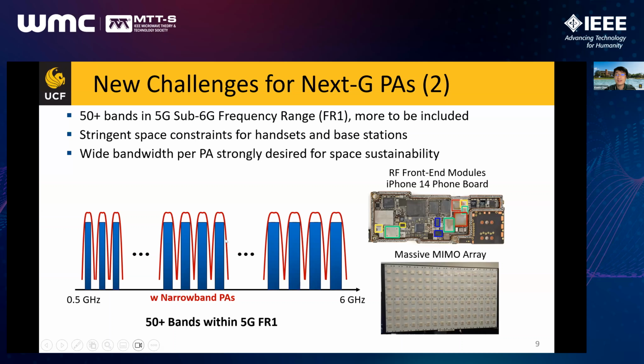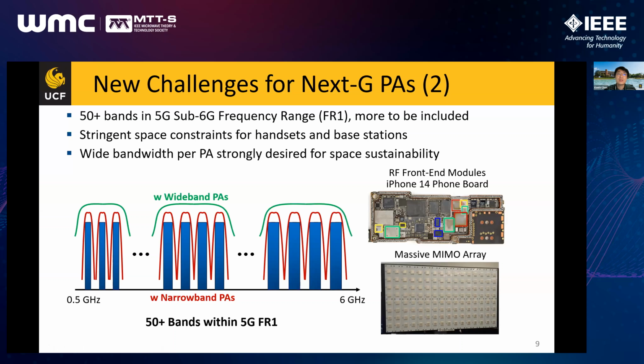This is not sustainable in space due to the limited area in the phone board. The space is also limited in the base station, because we are currently evolving from the single antenna to the large antenna array, known as massive MIMO. So the space is always limited.